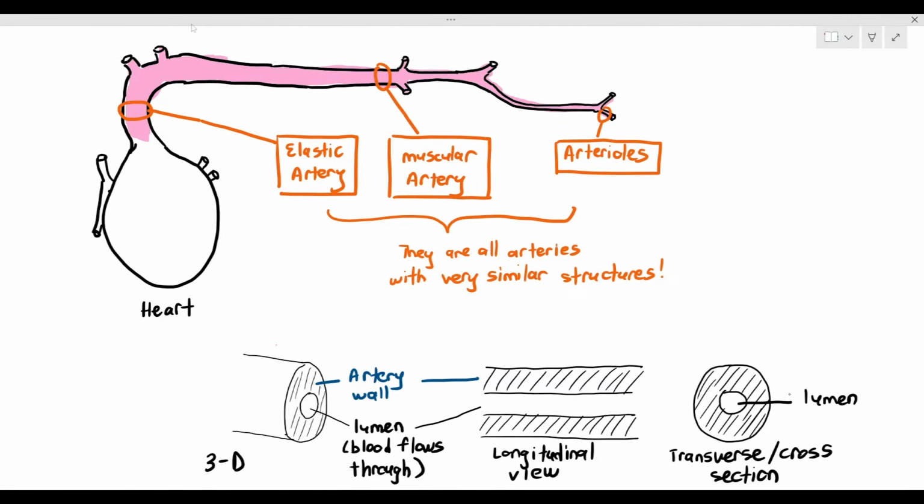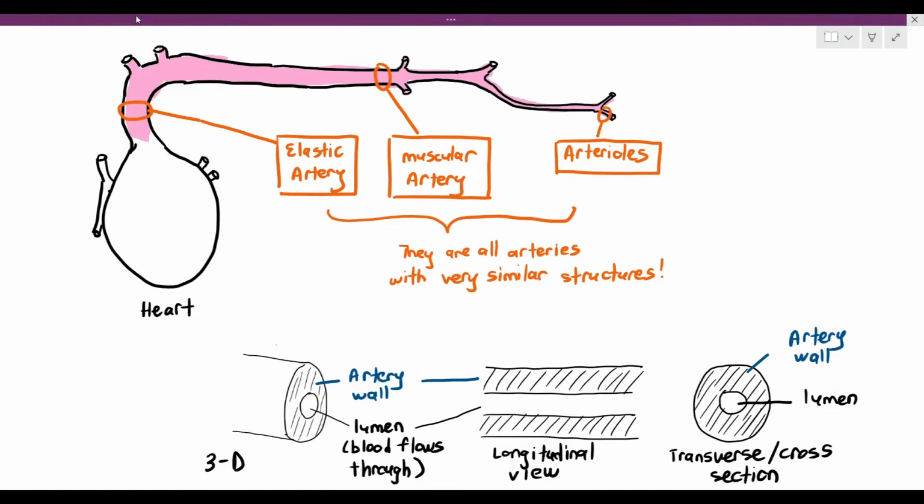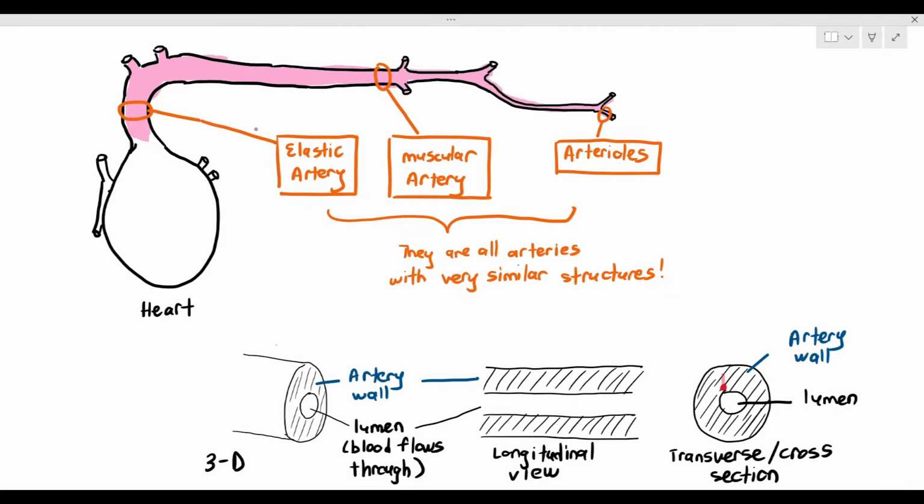And I've also labeled the lumen and the artery wall. A very important thing to know about the artery wall is that it is divided into the inner wall, which is nearest to the lumen, and the outer wall, which is furthest away from the lumen. And in between the inner wall and outer wall is the middle section or the middle wall, which I've not labeled in this diagram. But not to worry, I'm going to do that later.